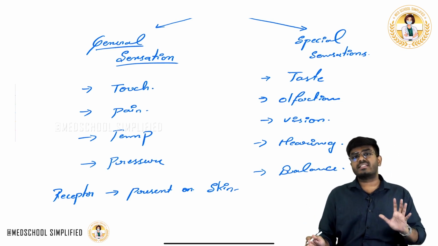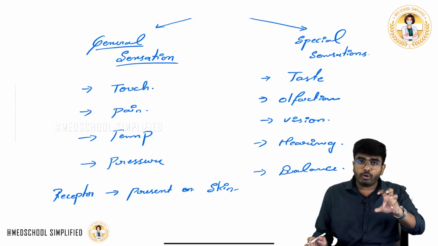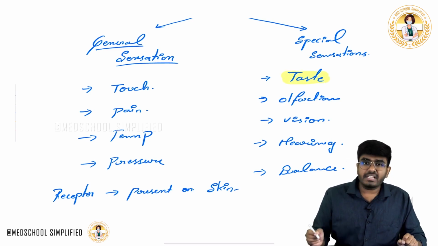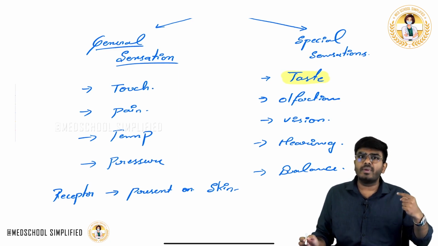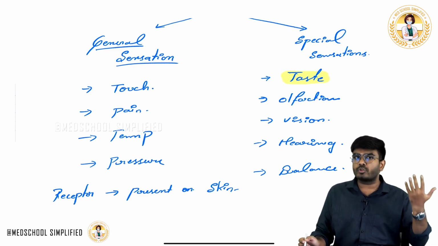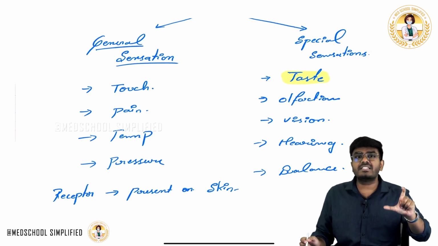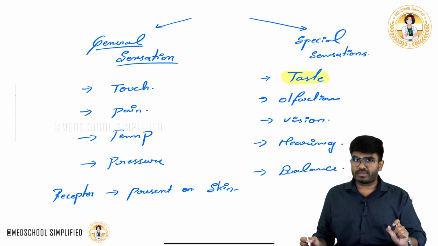All these are also senses. The central nervous system is getting all this information, but taste can only be elicited by taste receptors, which are only present on the tongue. Taste cannot be elicited from the fingers. Taste cannot be elicited from the thorax. Taste is localized. So these are special sensations coming from special organs.